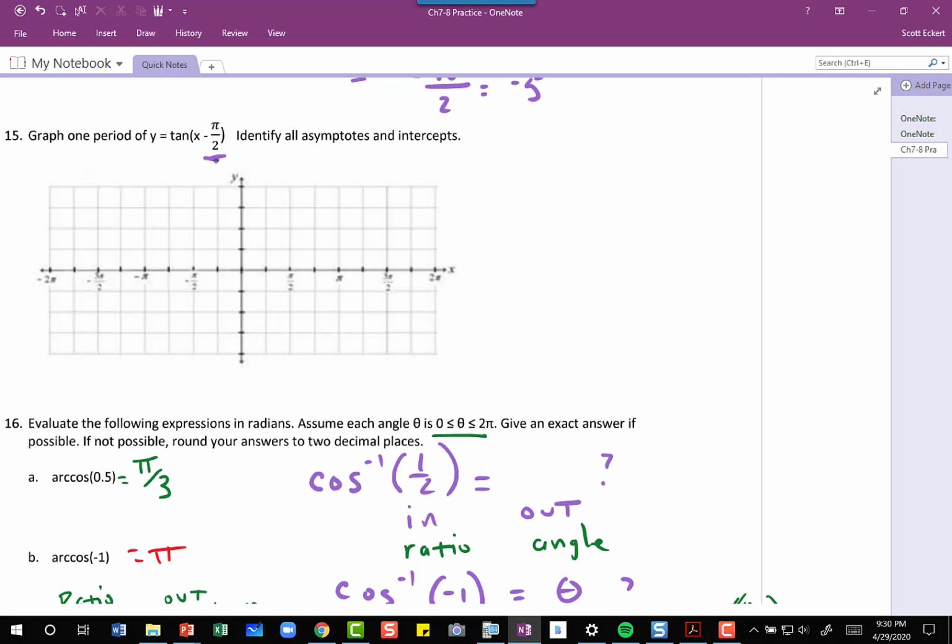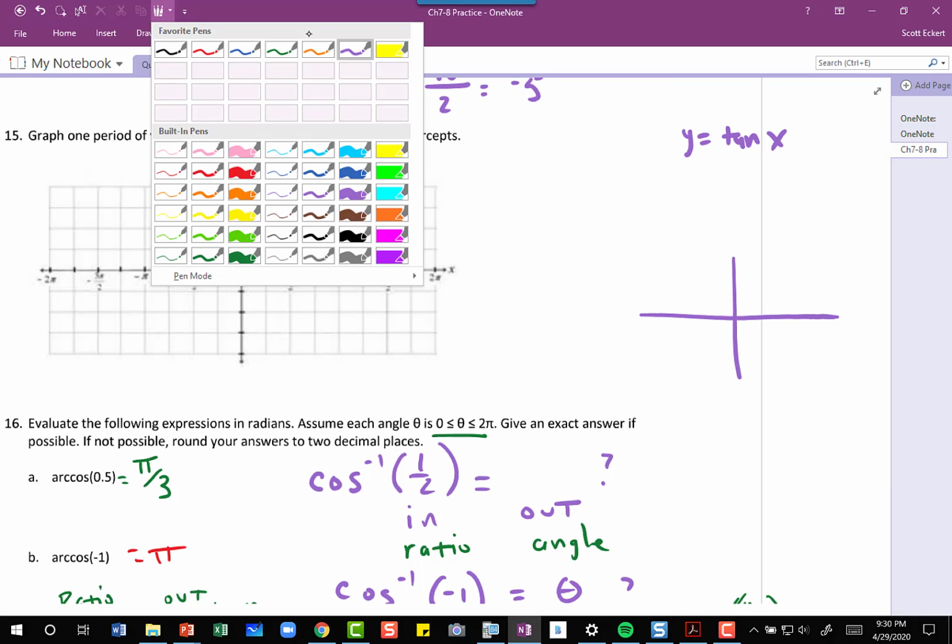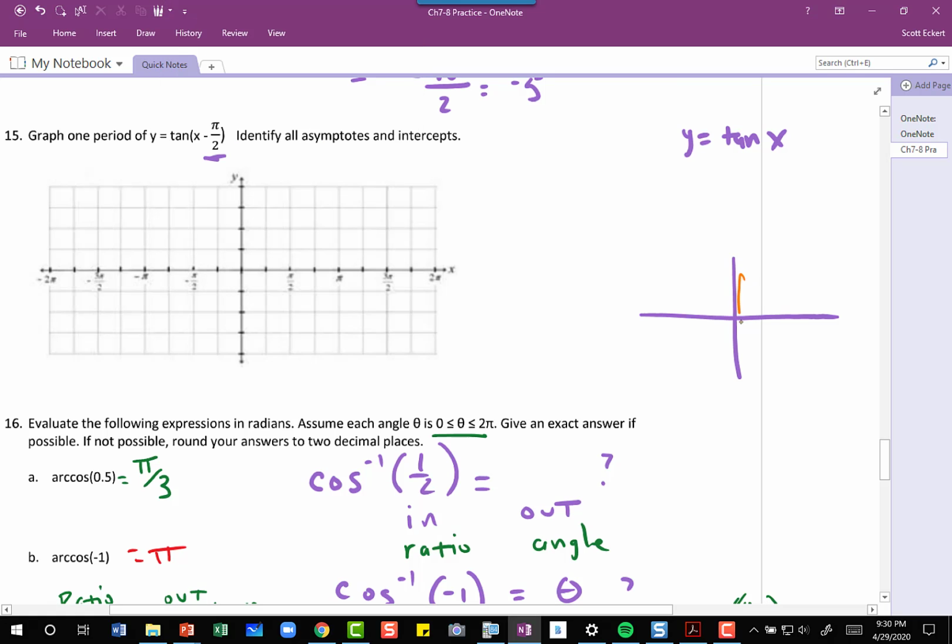So let's do a quick review of how to graph y equals tan of x. Now for sine and cosine on the x-axis, we always start our window on the y-axis itself, and then sine hits the middle and goes up and down, or cosine starts at the top and goes down and then up.